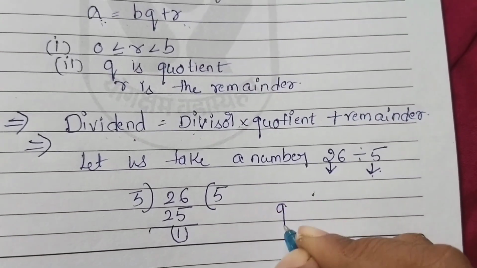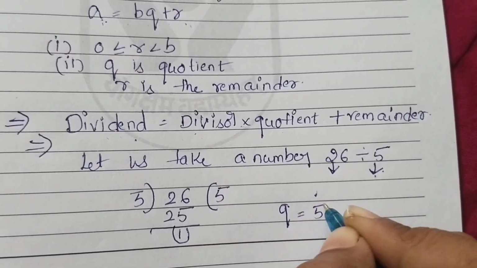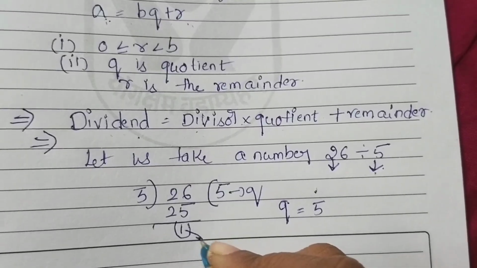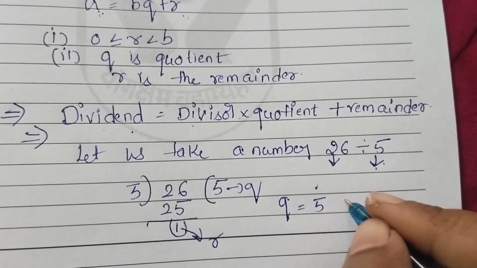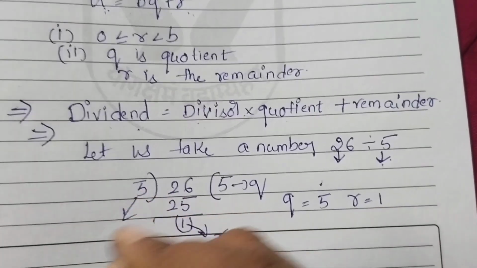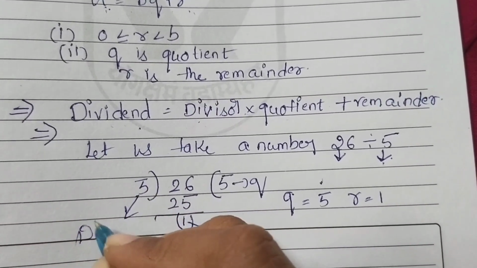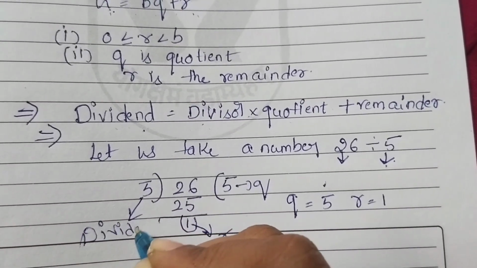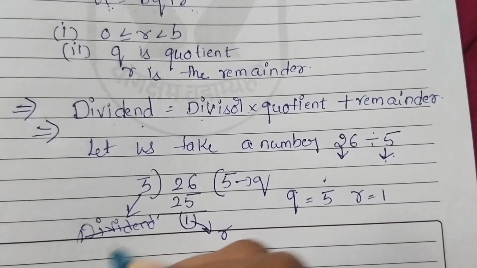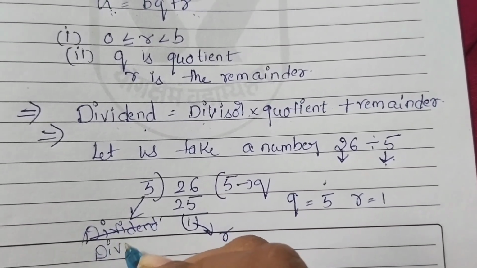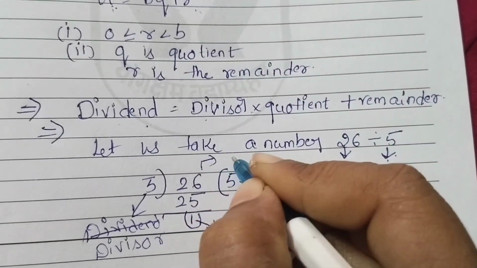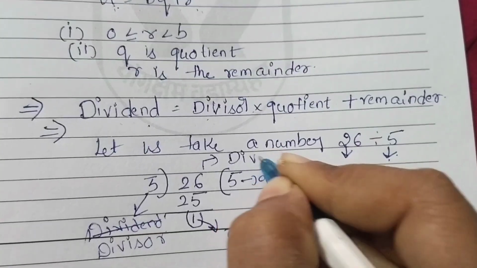What is the quotient? The quotient is 5 here. And this is the remainder, which is 1. This is the divisor, and this is the dividend.